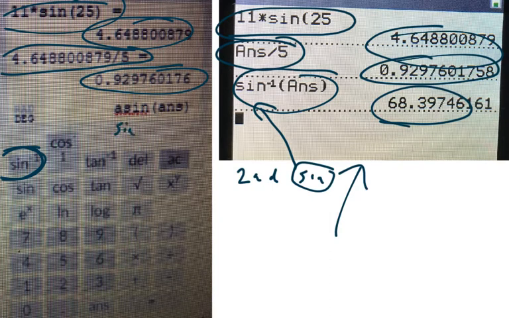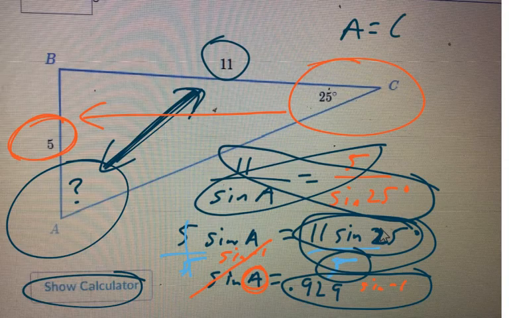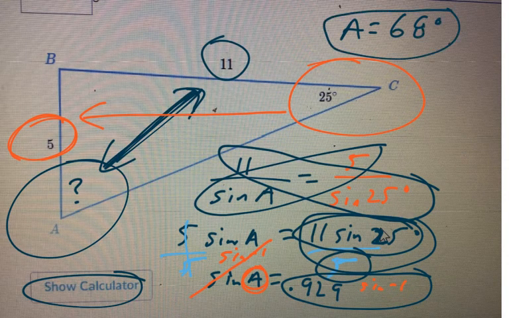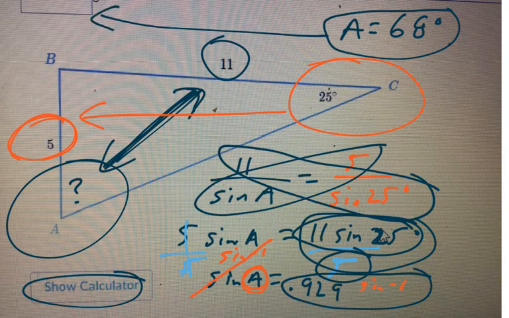Sine inverse is shown as A sine, short for arcsine. It's just another name for sine inverse. Okay? But anyways, sine inverse of the answer is this. Rounding off to the nearest degree, we know that A is 68 degrees. And you're going to type it right in there, and you're going to get credit for it, right?